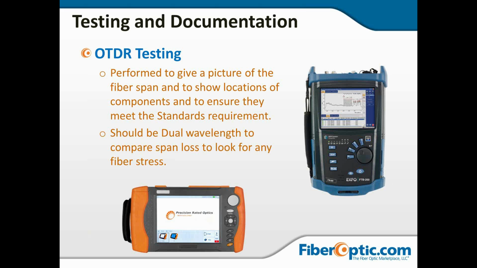And again, using dual wavelength, I can compare my losses, and by looking at 1550 and 1625, I can see any differences in the two and determine if there's any stresses, macro bends, or anything like that in the construction.